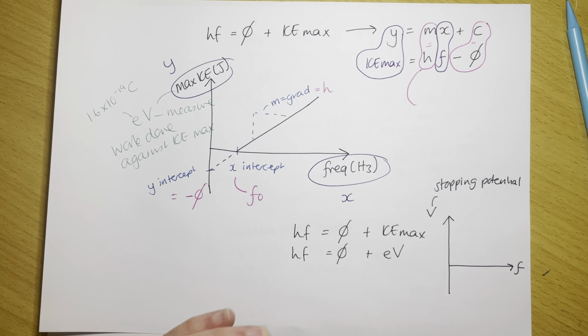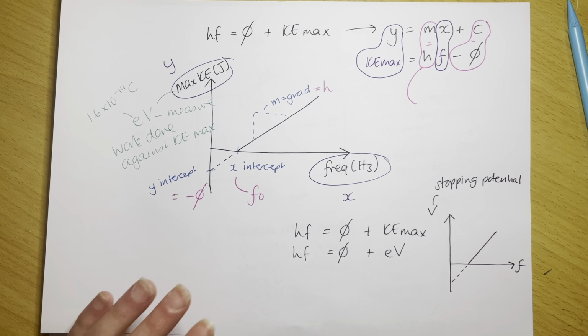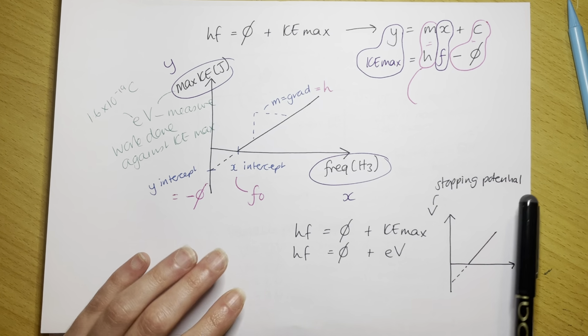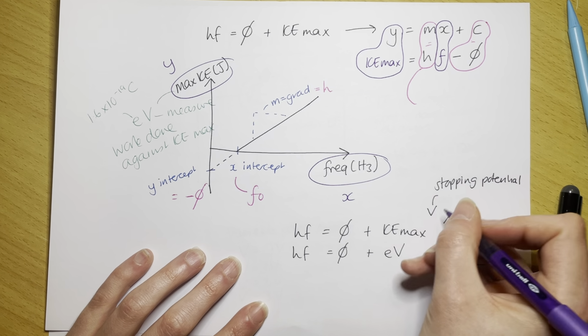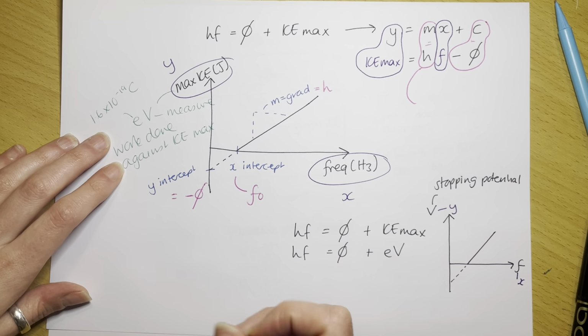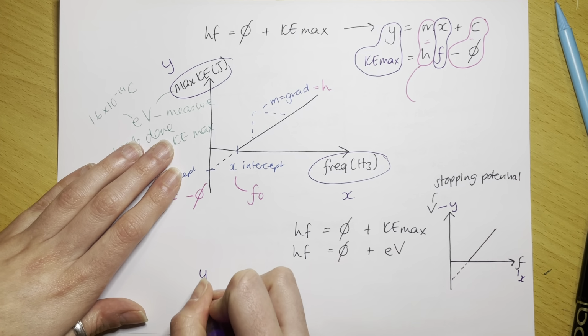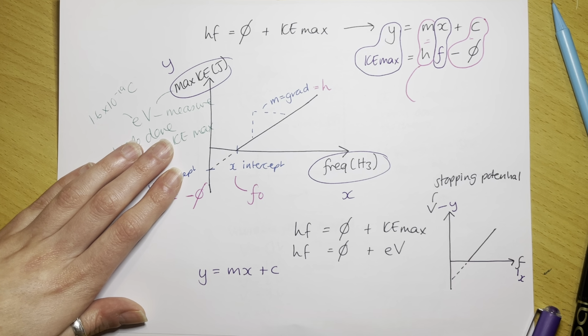So if they do that instead, you'll get the same shape graph, but we need to think about how we rearrange this slightly differently. So now y is just V and f is still x. So I'm going to think about y equals mx plus c, but y I want to be V on its own.